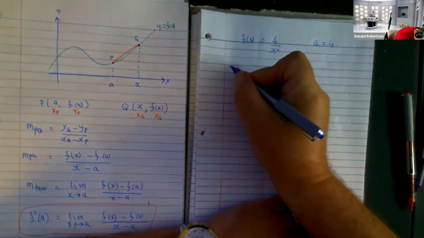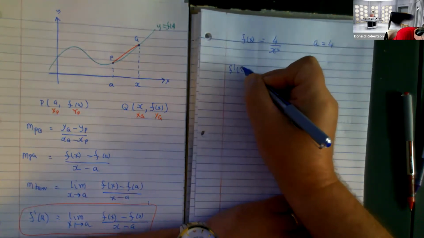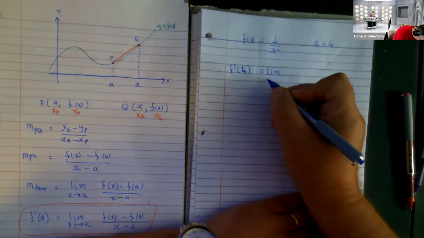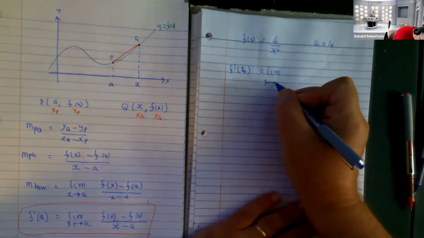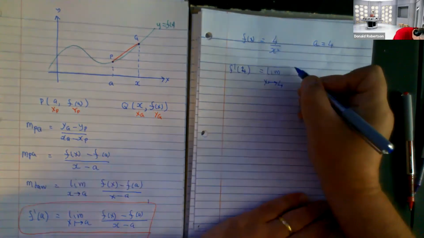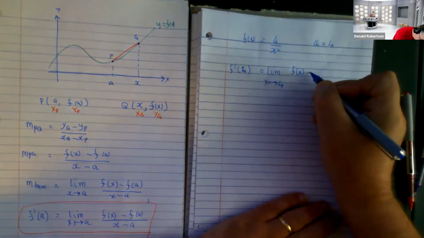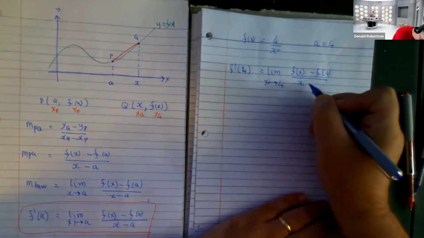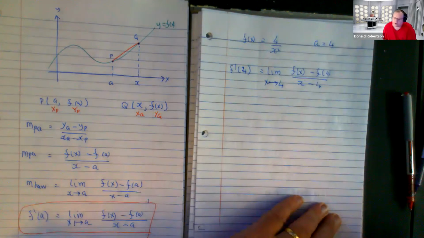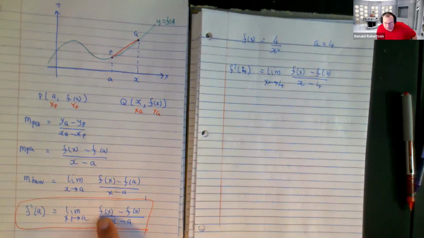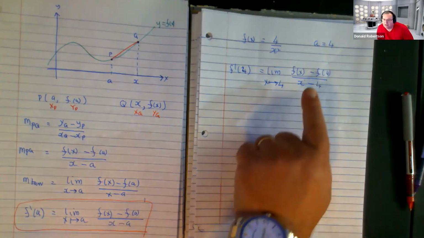So the slope of the tangent line at 4 is now going to be the limit as x tends to a, so x tends to 4, of f of x, take away f of 4, over x minus 4. Have you noticed that all the a's are now 4s, right? Everything that says a here is now a 4.